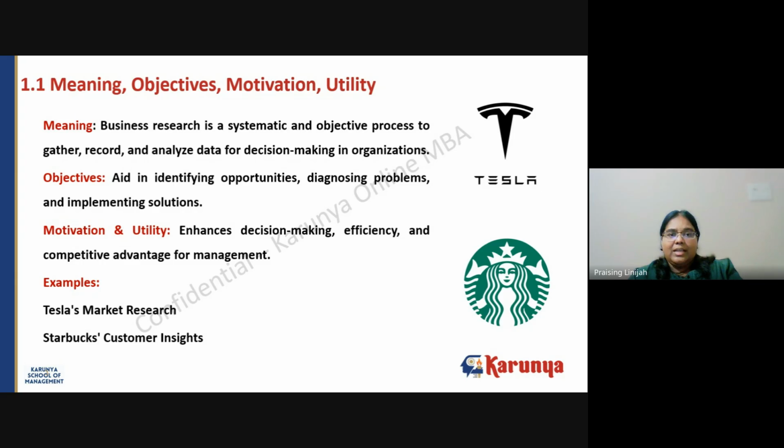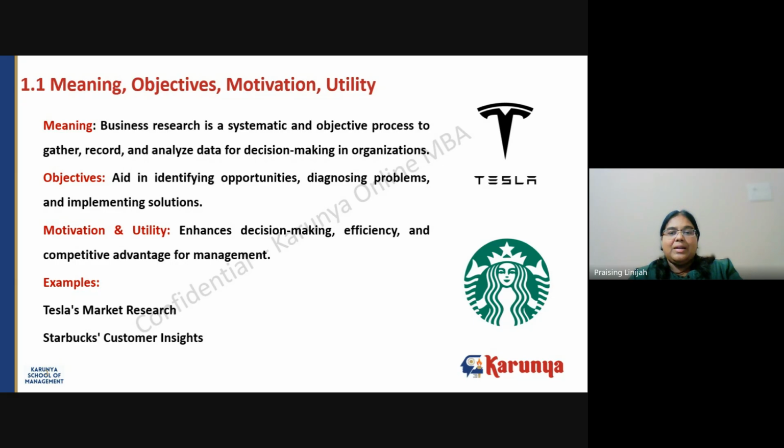Today businesses cannot make decisions based on assumptions or personal gut feelings of the individuals involved, but have to enhance decisions through facts and figures. The utility lies in efficiency, sharper strategies, and stronger edge over competitors that will lead to better decisions.